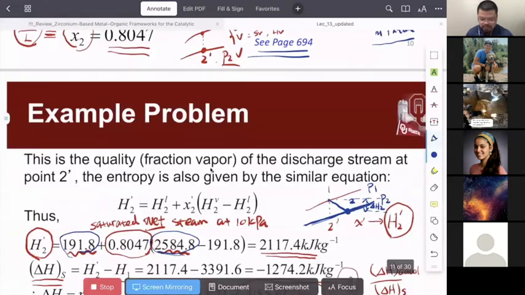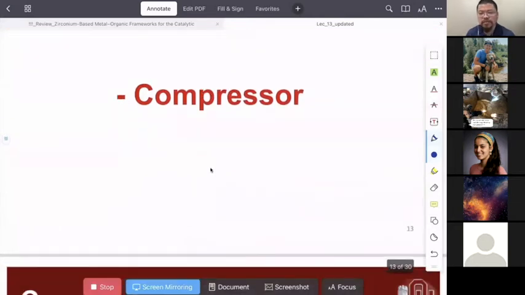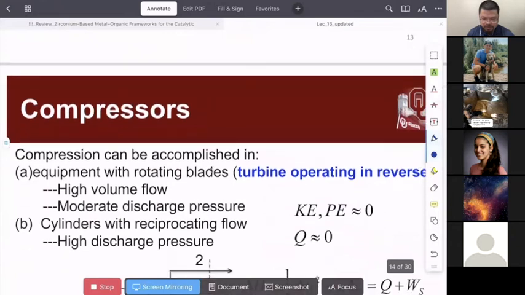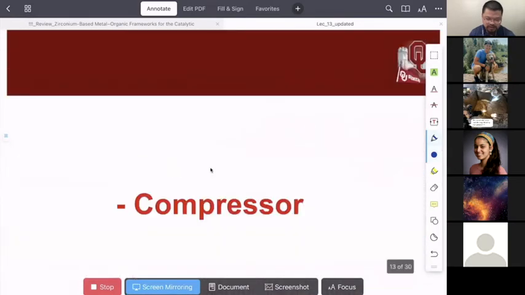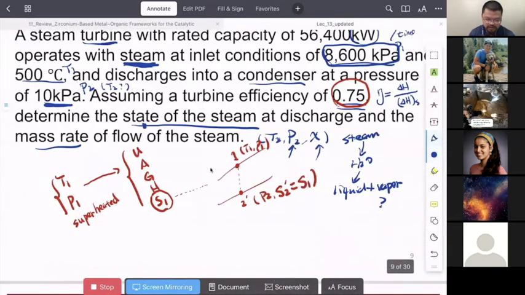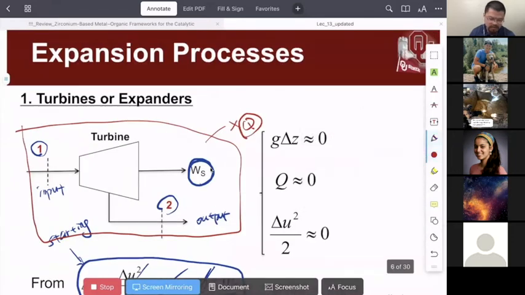All right, let's move on to the other unit then. Let's take a look at the compressor. So the reason why we want to put the compressor, number one, try to look at the diagram. So you can see that we are having this compressor over here. This is the compressor. Now if you go back to the turbine, that is a turbine, right?